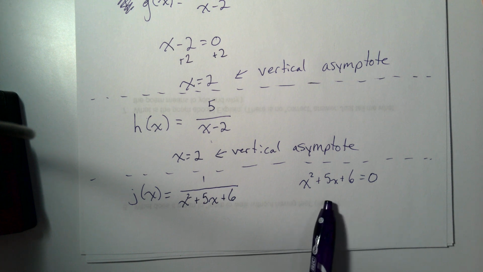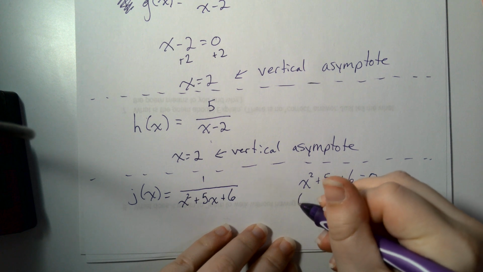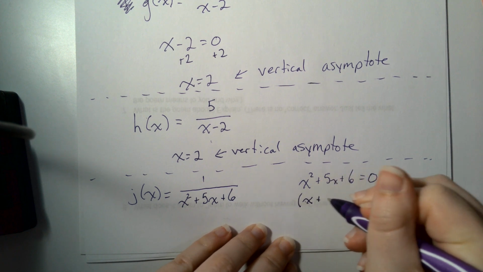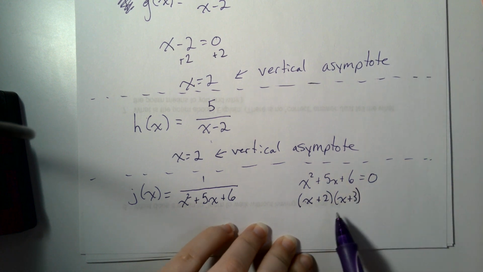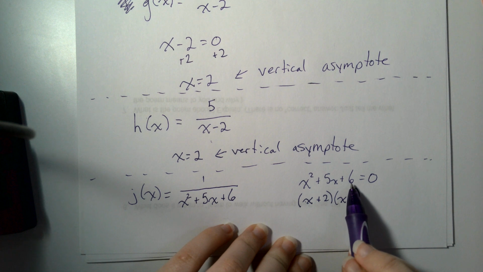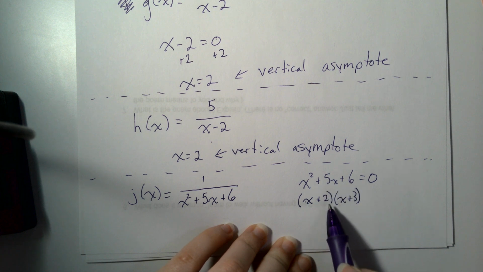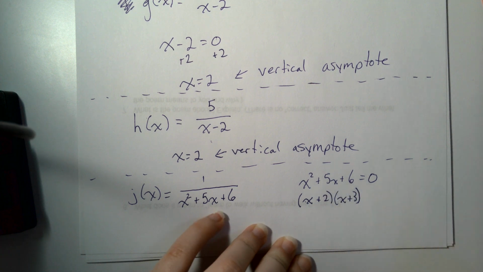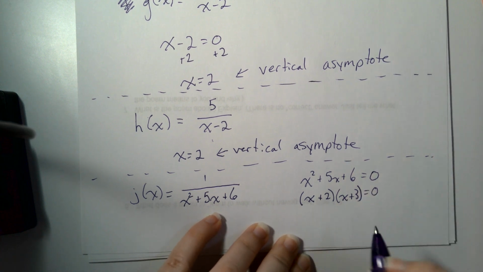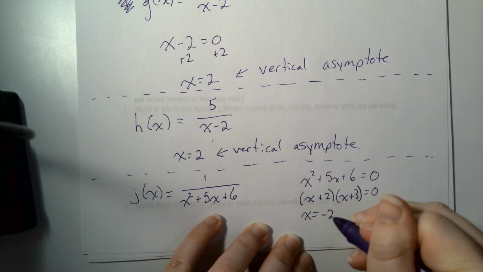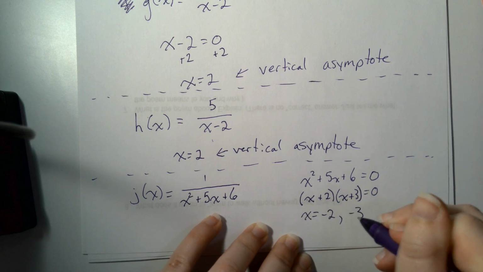Now think back to Math 2. How would you solve this equation? Hopefully you would factor. If you factor this, you get x plus 2 times x plus 3. Remember, we want two numbers that multiply to 6 and add to 5, and that is 2 and 3. So we have x plus 2 times x plus 3 equals 0, and now we can easily see that x equals either negative 2 or negative 3.